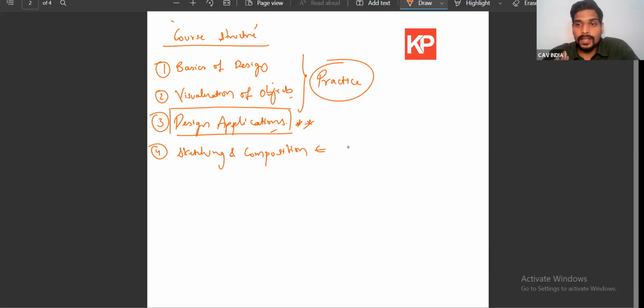Sketching and composition is mainly for the paper-based sketching which you do and how to represent your ideas to score well. If you see, the majority of the weightage, 60 marks of weightage in UCEED, 70 marks of weightage in NID, a lot of weightage is given to the sketching part, so the required skill set will be developed under this module number 4. Enough class practice will be conducted for you.